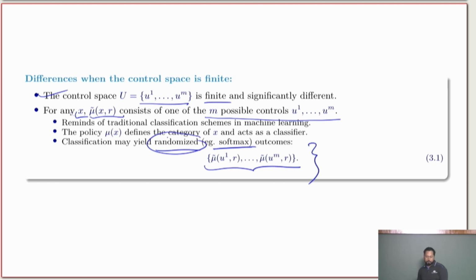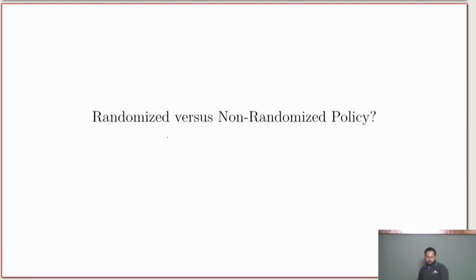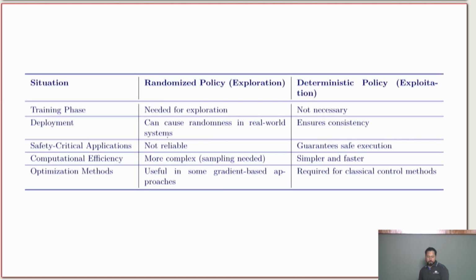Okay, so in fact, I have some comment on randomized versus non-randomized. Randomized policy is mostly used during training, because you also want to give a scope for exploration, right? So in that case, yeah.